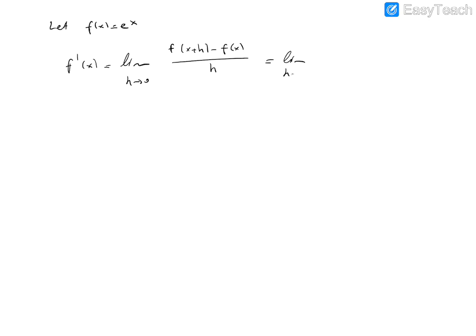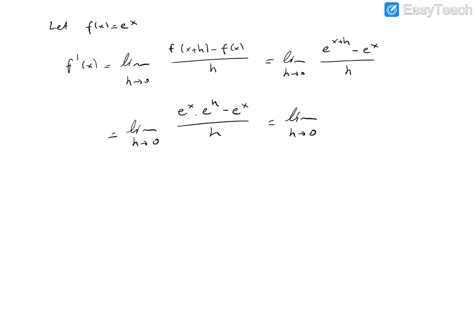So, limit as h goes to 0 of e to the power x plus h minus e to the power x over h. Step by step, first, e to the power x times e to the power h minus e to the power x over h. Now you can take e to the power x as a common factor in parentheses.